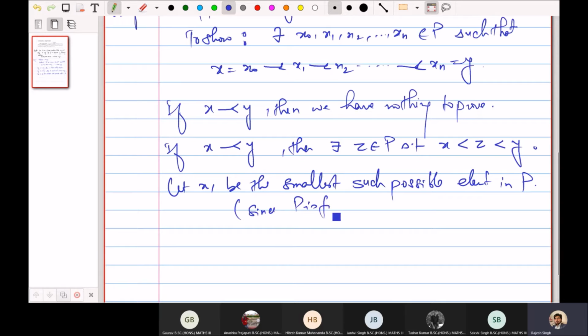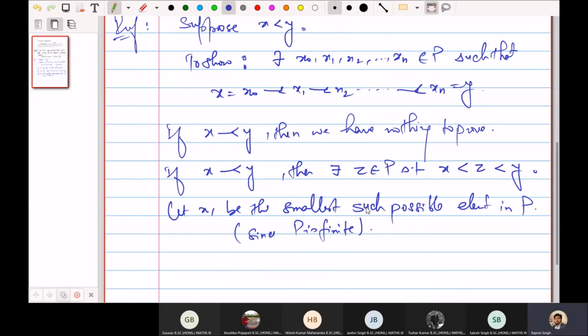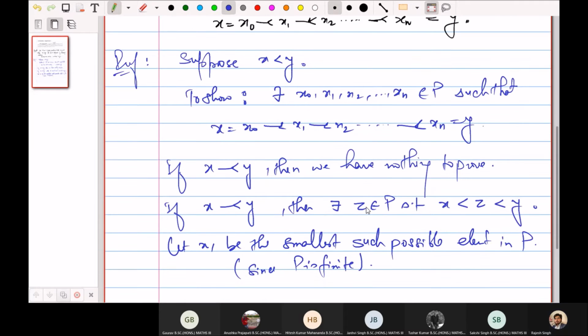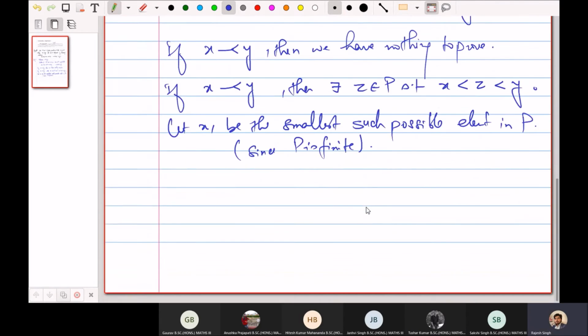Since P is finite, we can always choose the smallest, as I just explained. So x1 will be the smallest such possible element in P, and we can choose such x1 because P is finite. Let us write this down: we can choose such x1 as P is finite.